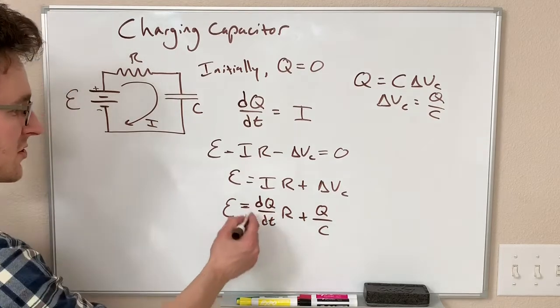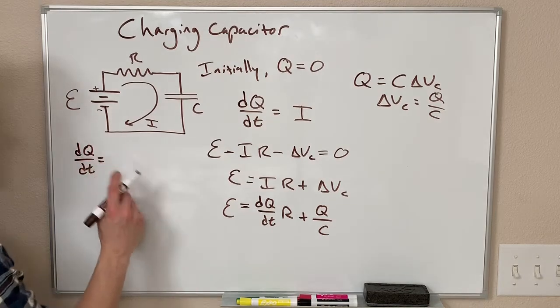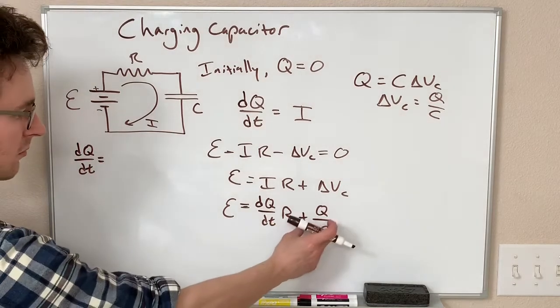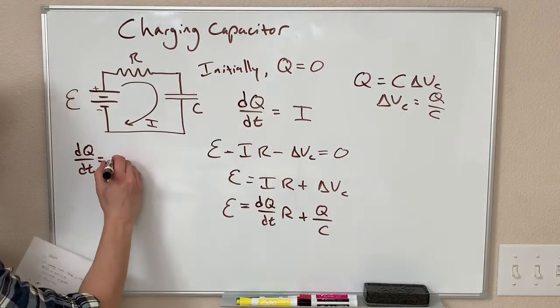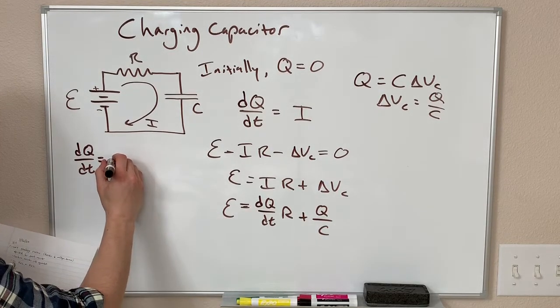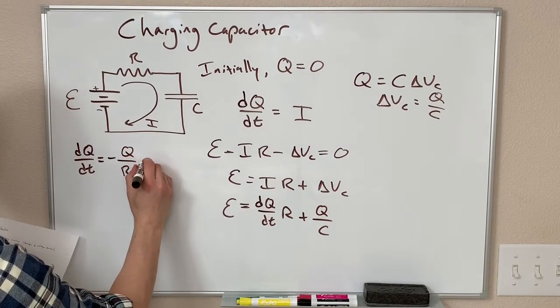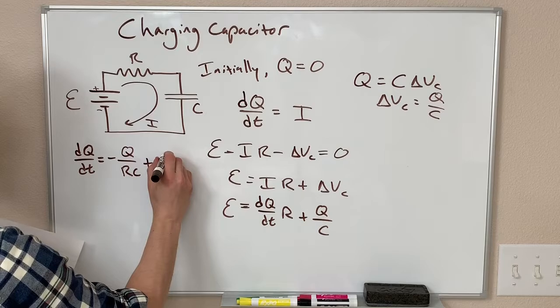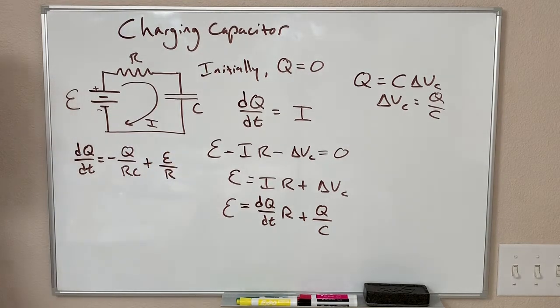If we rearrange it to solve for dq/dt, we get the following: dq/dt is equal to, I move this Q over C to the other side and then divide by R, so that is going to be minus Q over RC plus the EMF over R.